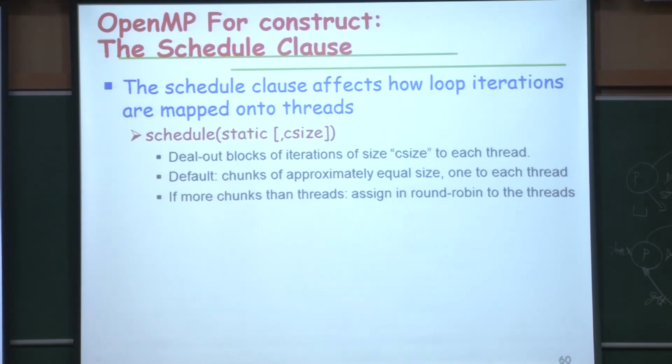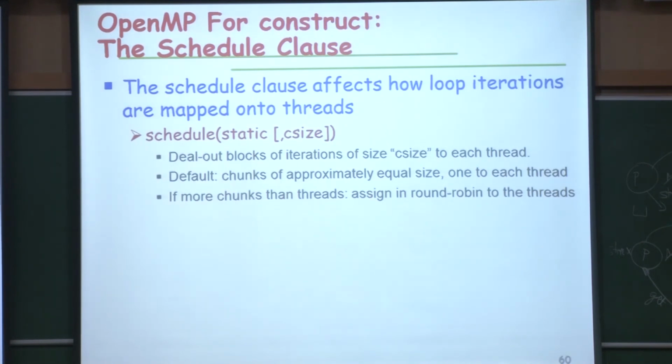So essentially what it is going to do is divide this evenly, but it has a default chunk size. If you do not specify the chunk size, it is going to assume a default chunk size, number of blocks. It is going to take the first chunk and give it to thread 0, the second chunk to thread 1, the third chunk to thread 2.